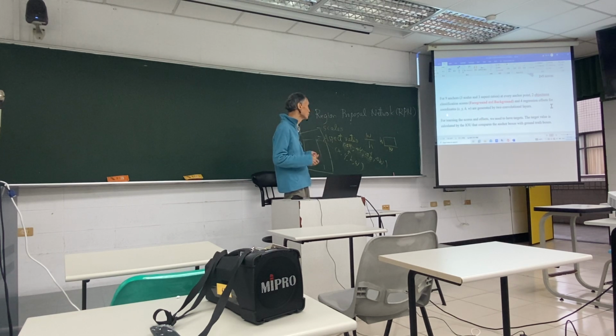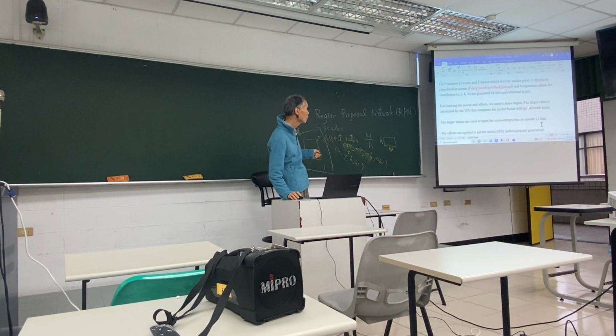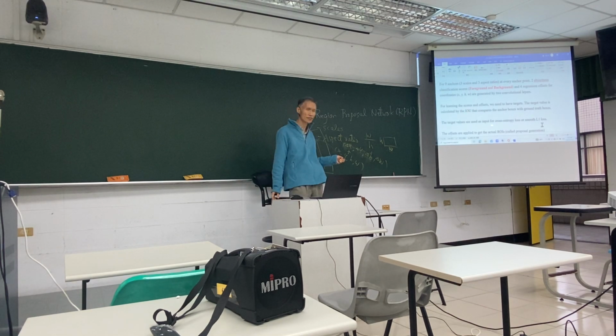And we have to estimate the coordinates for the bounding box, okay? Anyway, the target value, again, is calculated by the IOU, intersection over union.